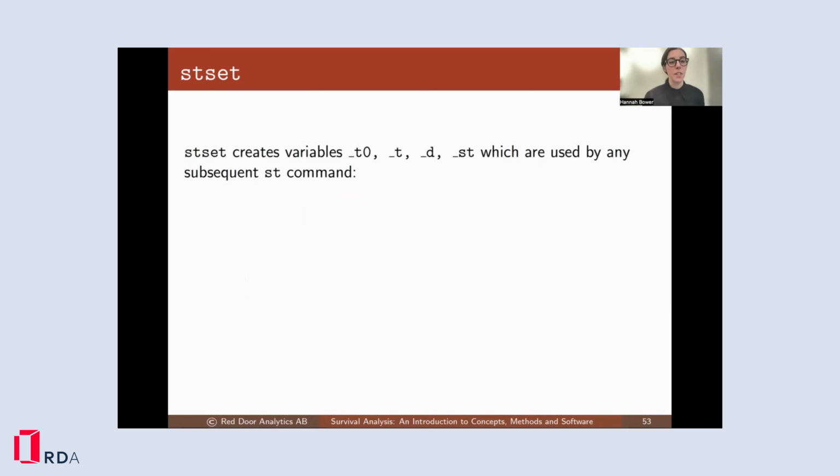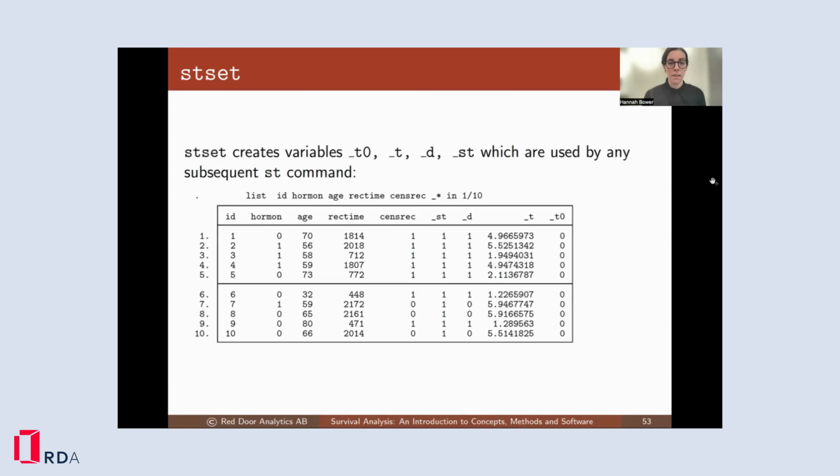So what is stset doing in the background? Well, it creates some variables that are used in any subsequent command used in survival analysis, which usually begin with st. So it creates these 4 variables: _t0, _t, _d, _st. And let's just look at what they are so we can describe them.